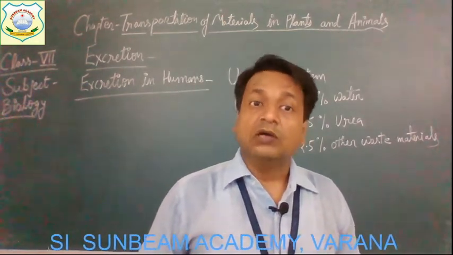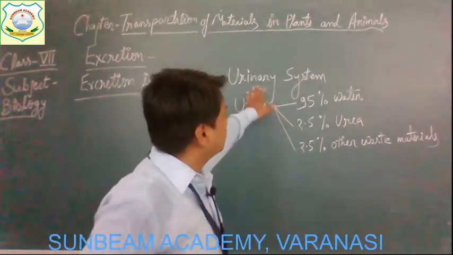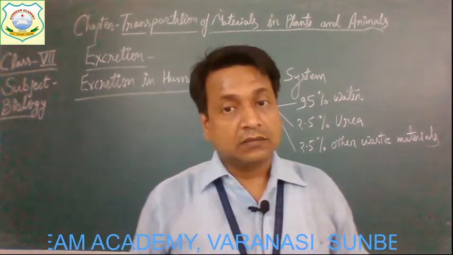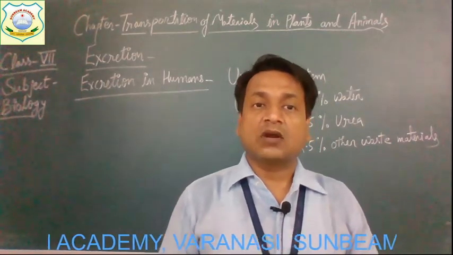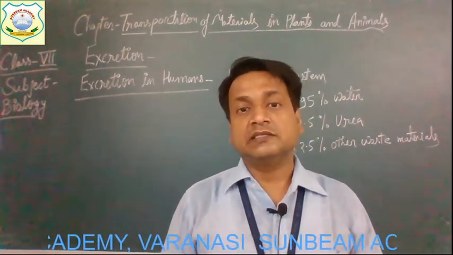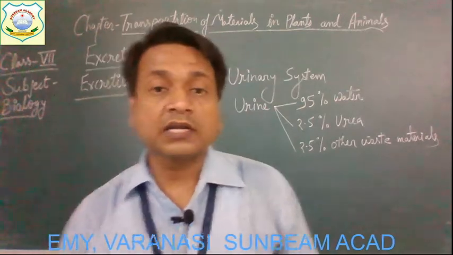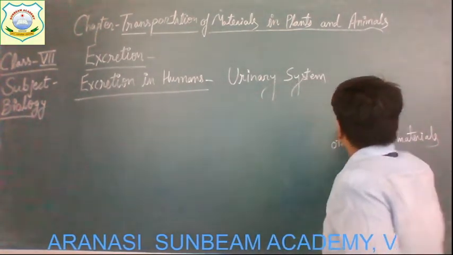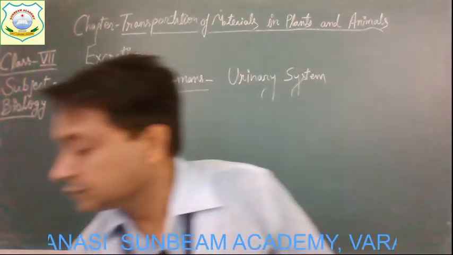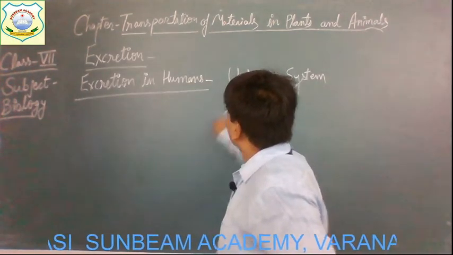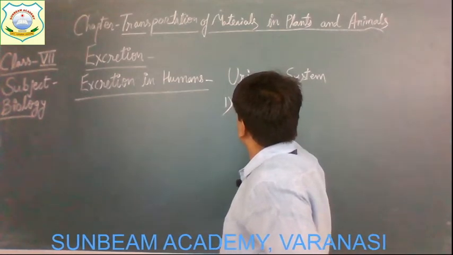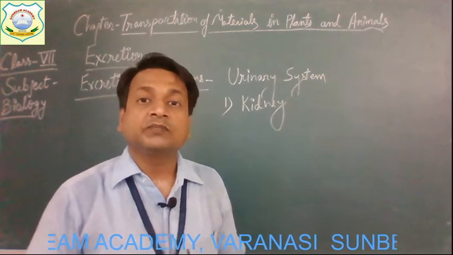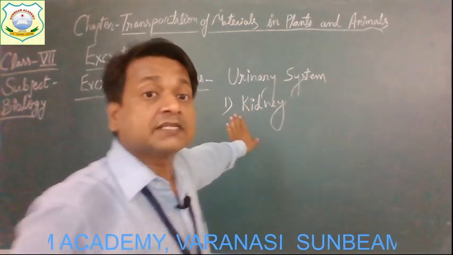Now, the main organs of this urinary system in our body are the two bean-shaped organs which are called kidneys. So there are a number of organs involved in the urinary system. The first organ present in the urinary system of our body is the kidney.